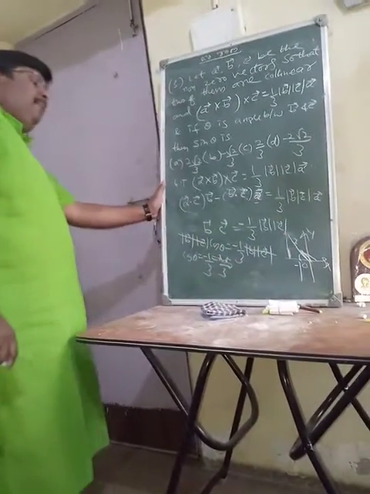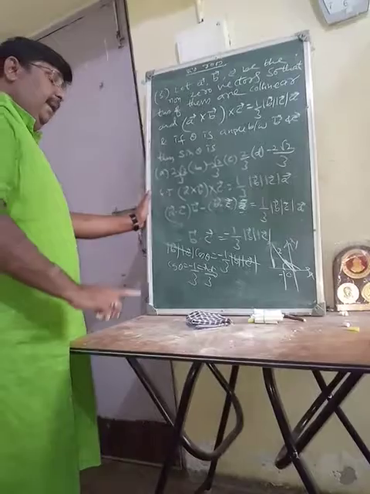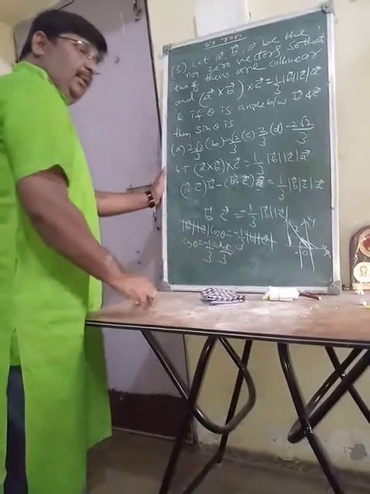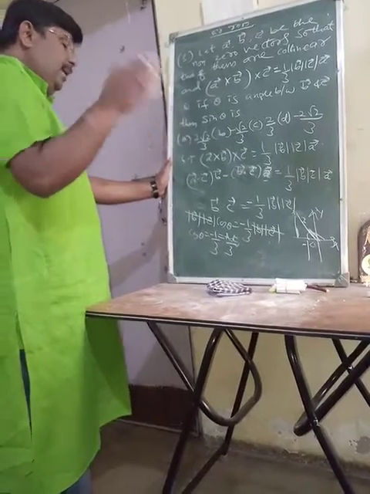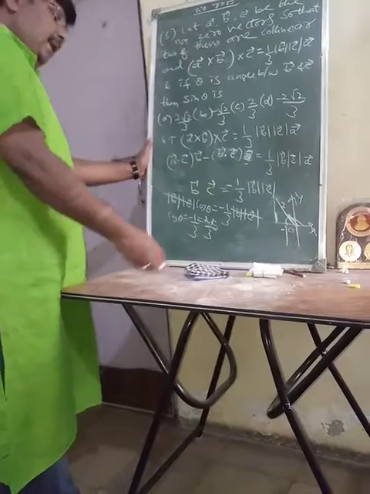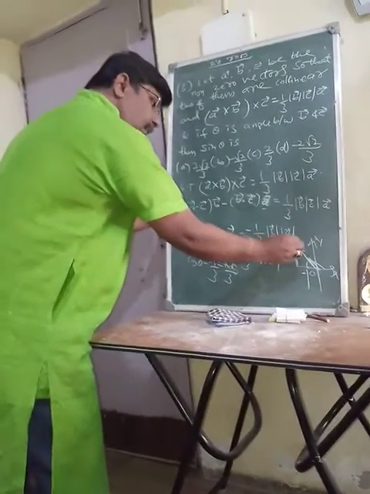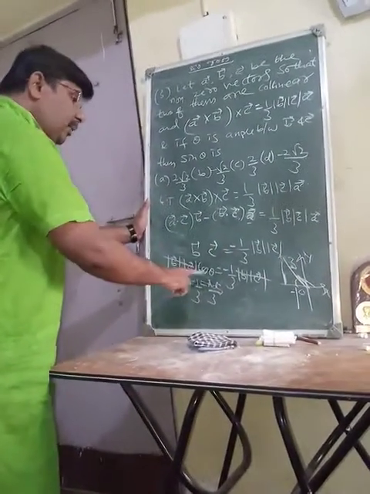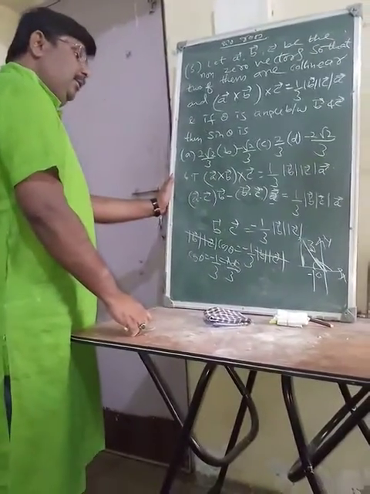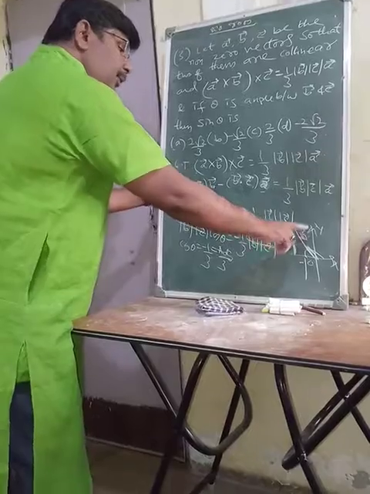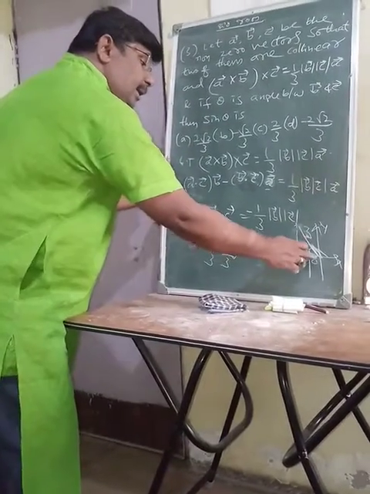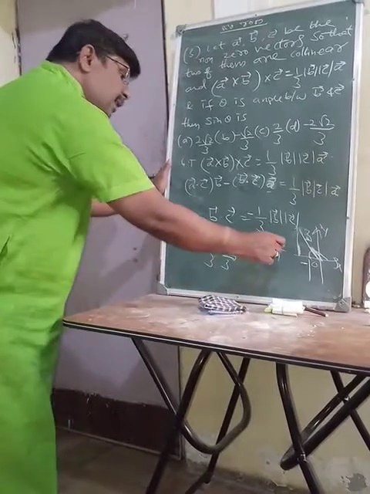Hypotenuse need not be negative because it is always the square root of the sum of squares of the remaining two sides. The square of it is always positive. Therefore hypotenuse is positive. That's why we take adjacent negative, minus 1. In the second quadrant the x-axis is negative. It is minus 1 by 3.